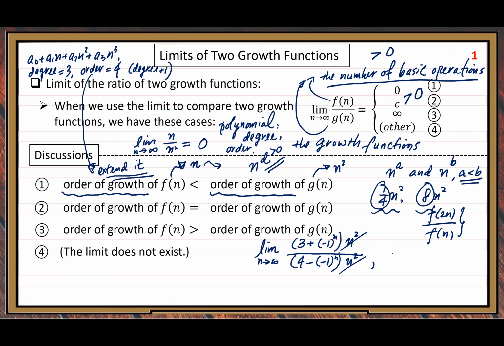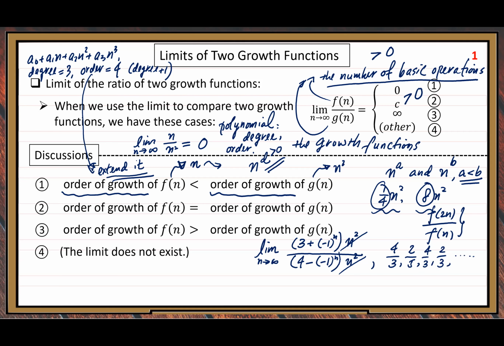When n is odd, the numerator is 3 minus 1, so that's 2, over a denominator of 5. Then you switch back to the previous pattern, 4 over 3. Alternately, these two values change.